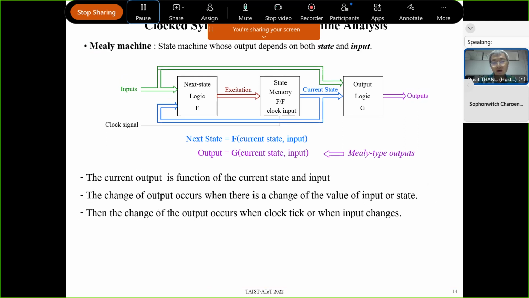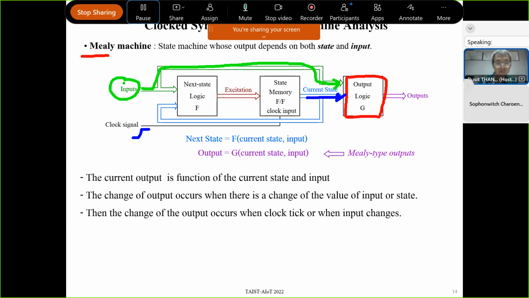The next type of state machine is the Mealy machine. For the Mealy machine, the output logic G of course gets input from the flip-flop that changes when the clock ticks, and it also gets input from external input.